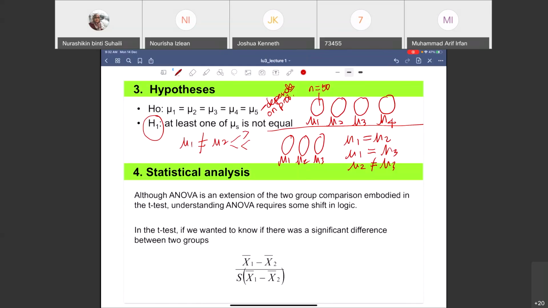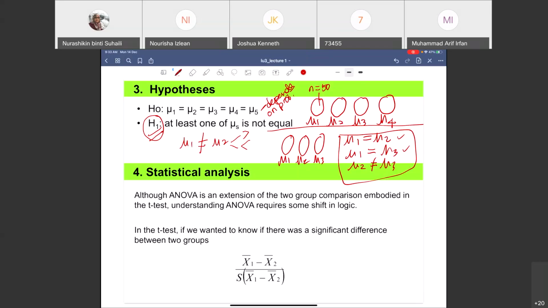If what you found in your analysis is that this one is equal, this one is equal, but suddenly mu2 and mu3 is not equal, this is enough to make the whole analysis fall into the alternative hypothesis.